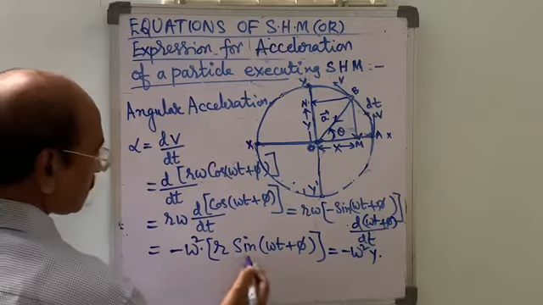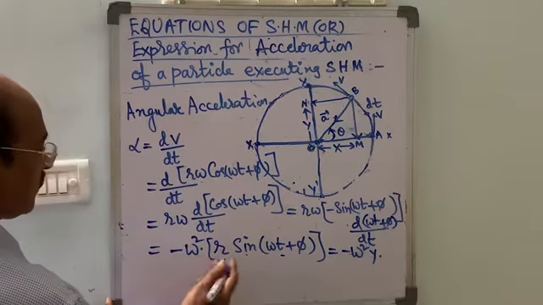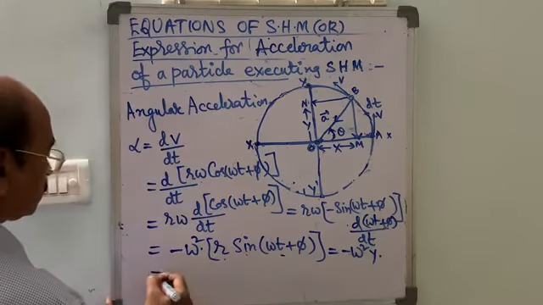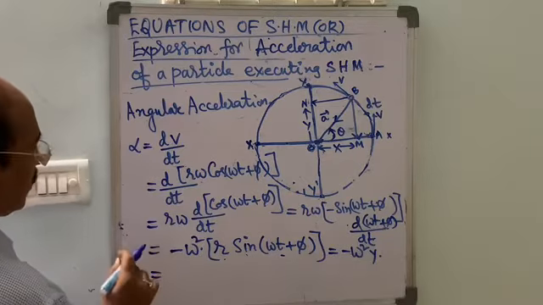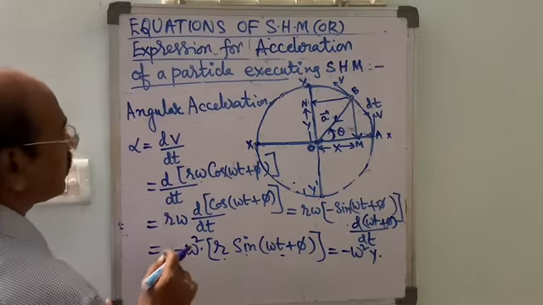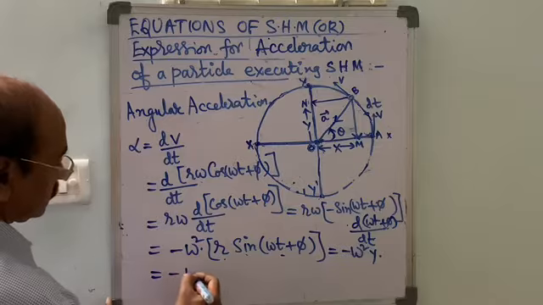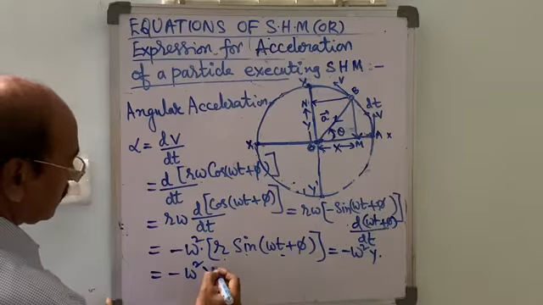We already derived the expression for y displacement from equation 2. Therefore angular acceleration is equal to minus omega square y.